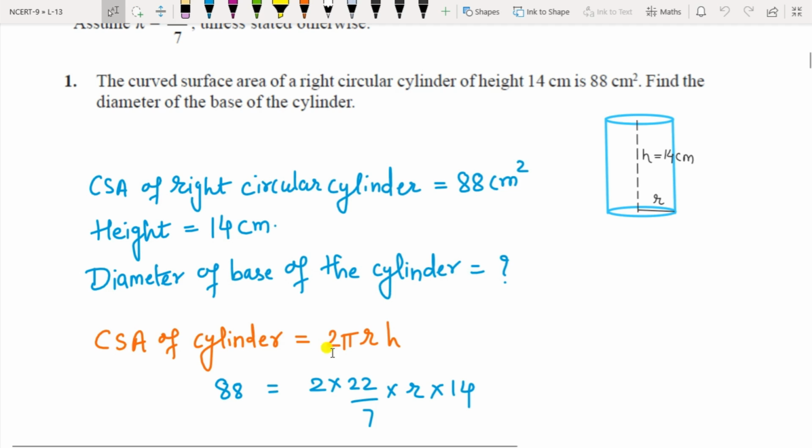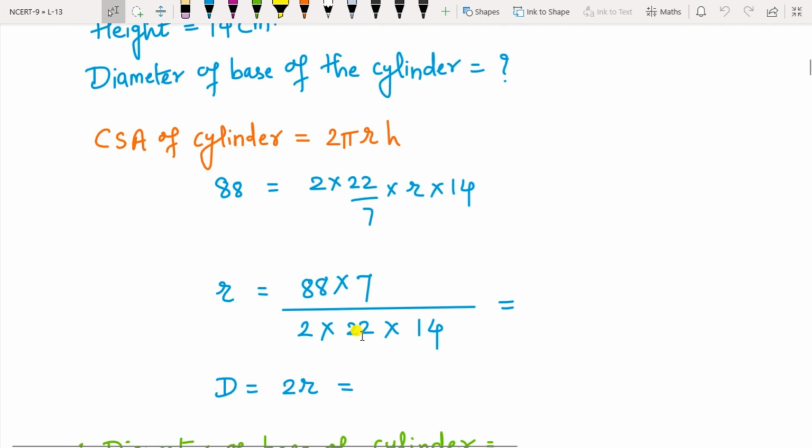The CSA of a cylinder is 2 pi r h, the formula. Substitute the values. You need to find r, so make this equation subject for r and take all the other values on this side. So 7 ones are 7, 7 twos are 14, and 22 ones are 22, 22 fours are 88, and 2 ones are 2, 2 twos are 4.